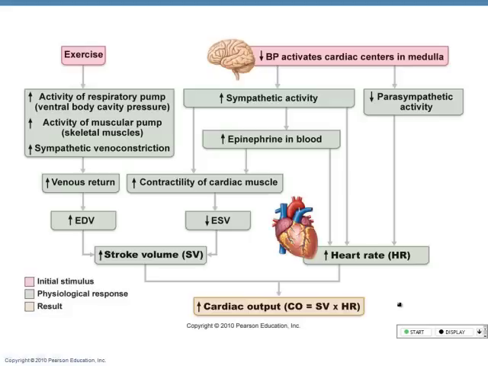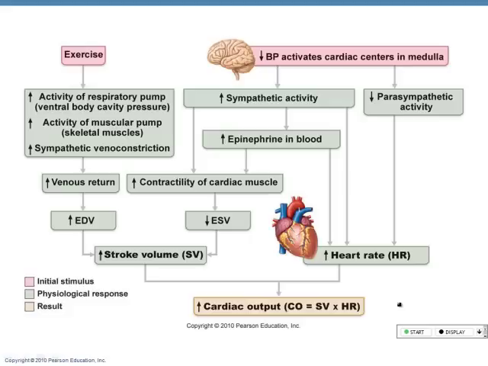Yes? Parasympathetic division of the autonomic nervous system, what's that doing for me? Slowing things down. Okay? So if I slow down heart rate, what am I going to do to cardiac output? Decrease it. This diagram is kind of confusing, because it implies that decreased activity is going to increase heart rate, but it doesn't. It does the opposite.